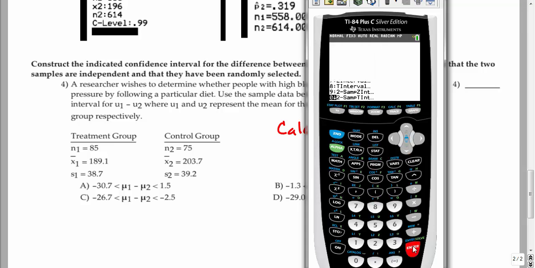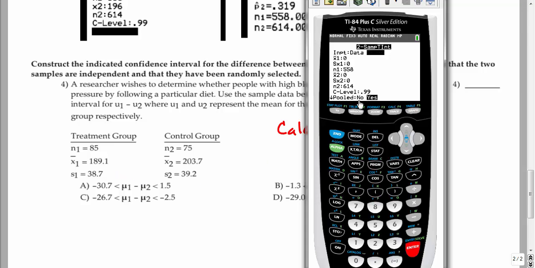So 2 sample T interval. Now as we're looking through the 2 sample T interval, I can either list my data in list 1 and list 2, that means if I enter data in my list, or I can enter just the statistics. Now the statistics are what I have here in this case where I'm given the X bar, the S, and the N. But there's one other question I need to worry about here at the bottom.